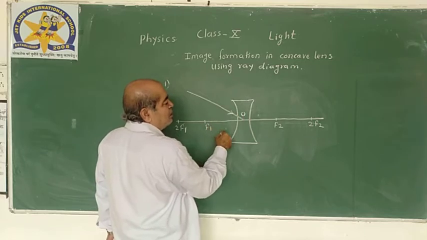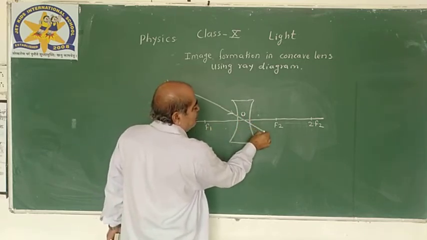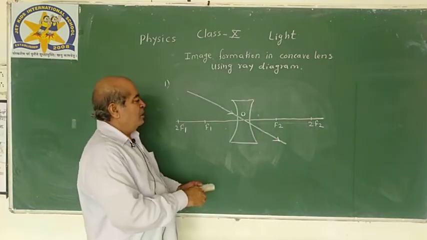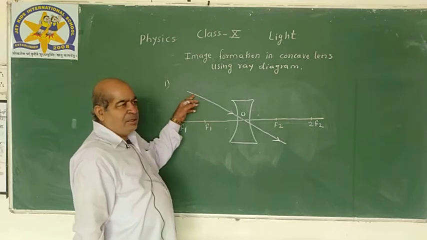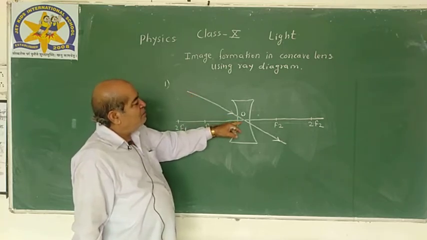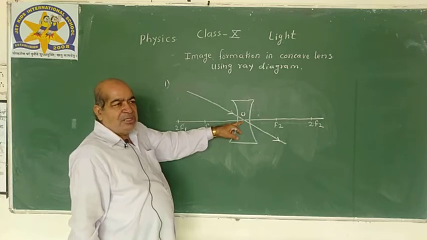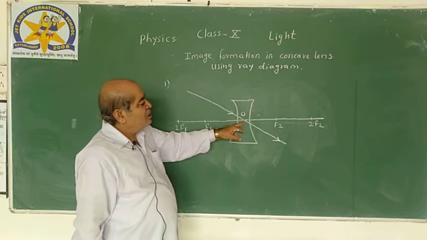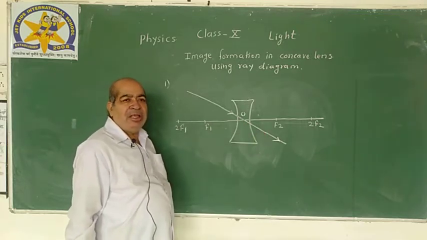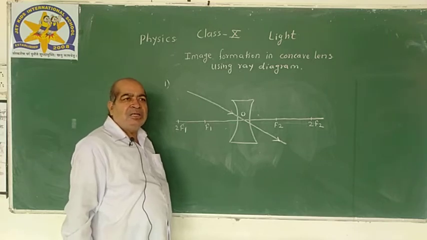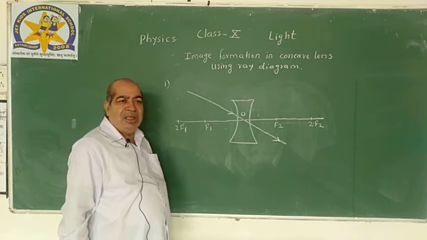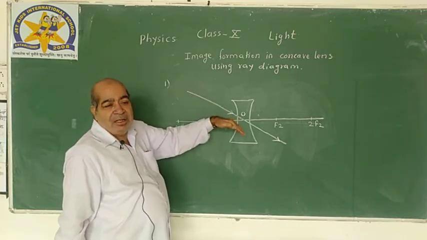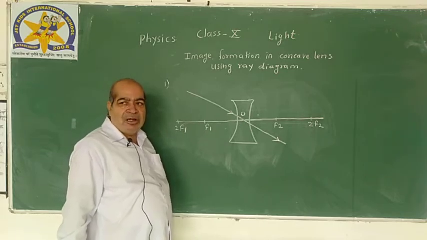When a ray of light passing through the optical center is incident on the lens, it emerges without any deviation, or it traces the same path, or it moves along the same straight line. So this is the third rule.